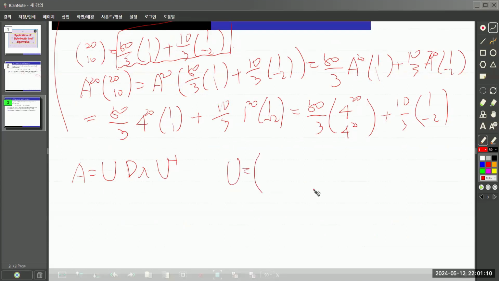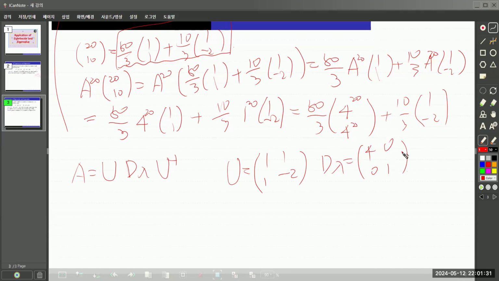U is the matrix whose column vectors are the eigenvectors of A. So in this case, it is [1, 1; 1, negative 2]. D lambda is just the diagonal matrix of the eigenvalues, 4 and 1. Then you can determine U inverse.